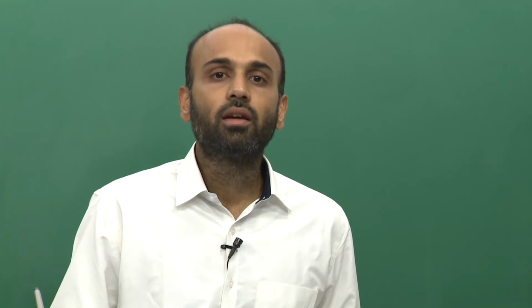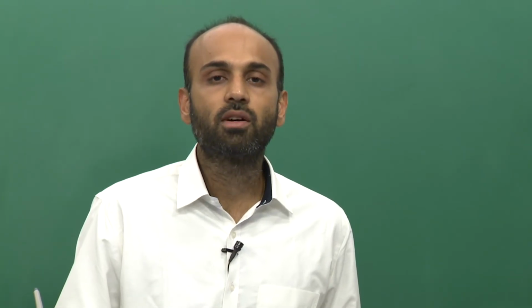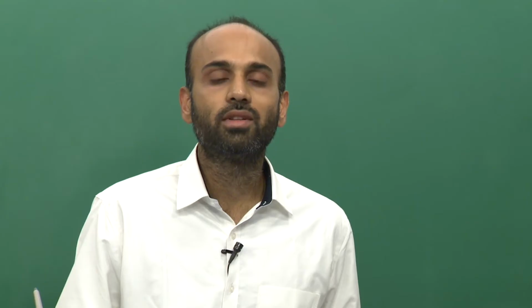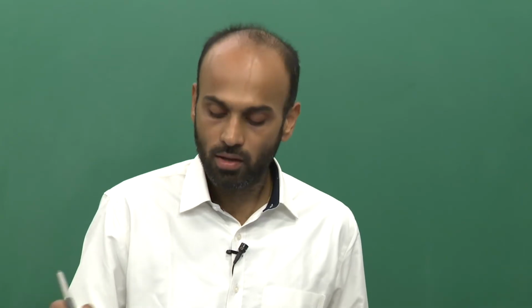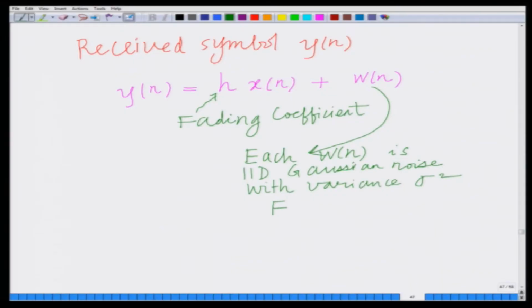Gaussian noise sample with 0 mean and variance sigma square, that is, expected magnitude Wn square, or the power of the noise, is equal to sigma square. Also, the noise is 0 mean, therefore expected value of Wn is 0.